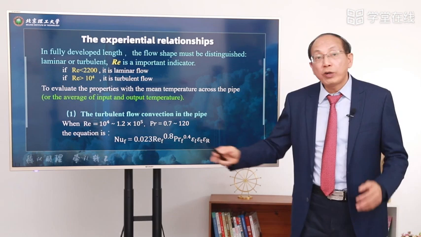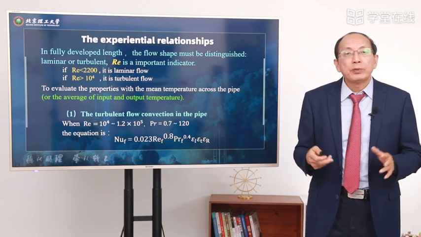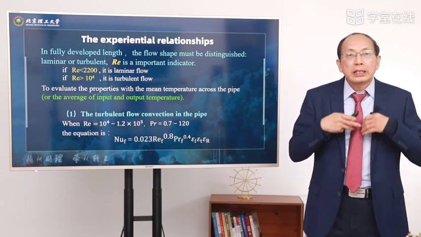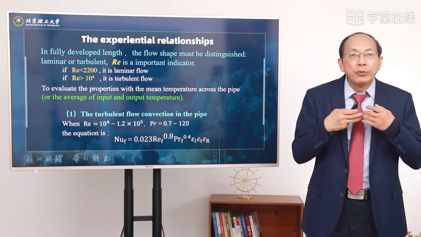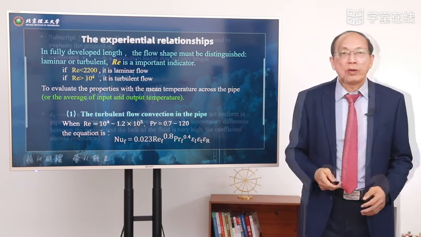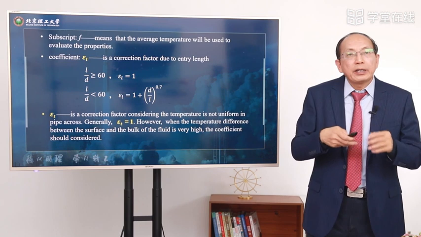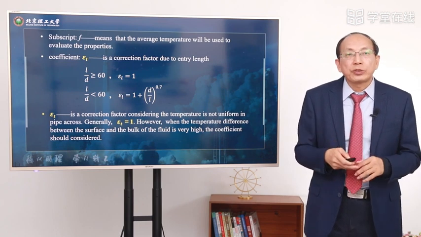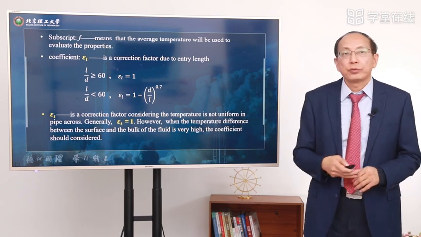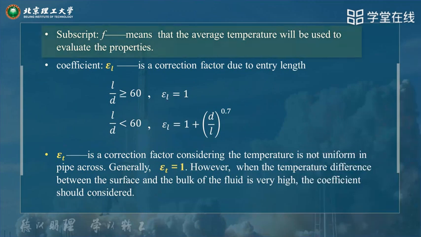This equation is very famous. I hope every student can remember this equation. Okay, we can give more explanation about this equation. The subscript F means the average temperature will be used to calculate the properties.